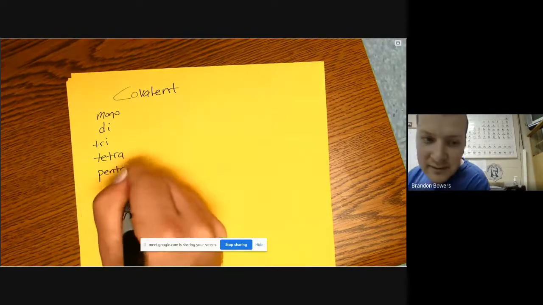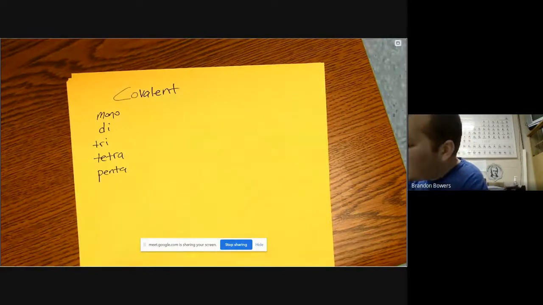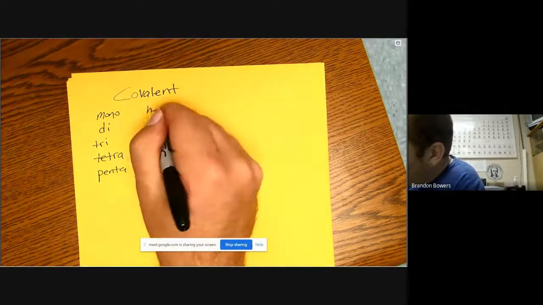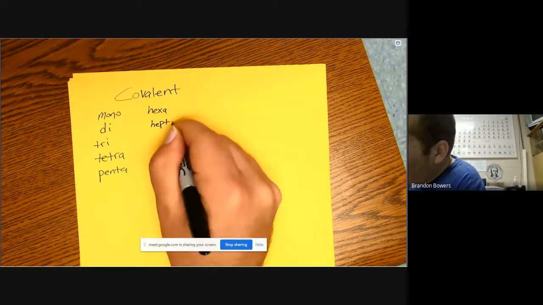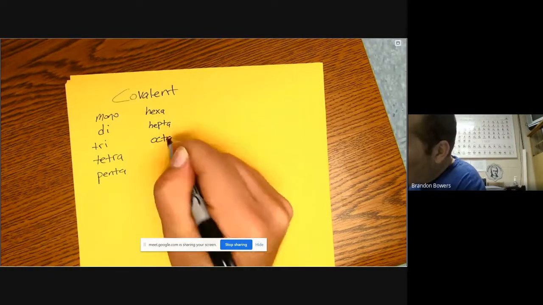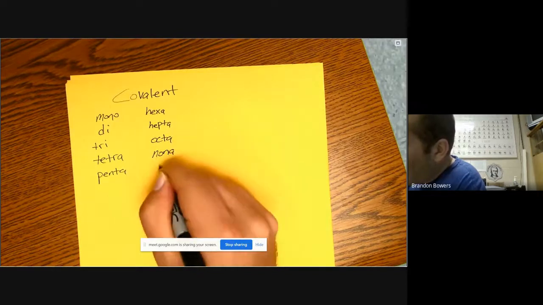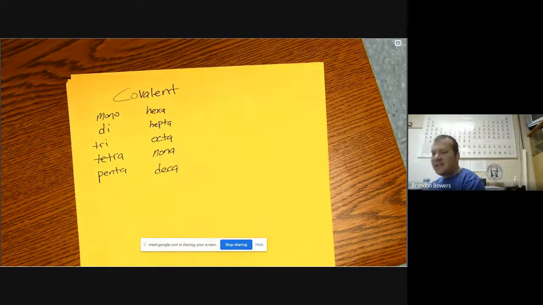Hopefully you guys remember that. 6 is hexa, 7 is hepta, 8 is octa, 9 is nona, and 10 is deca. Hopefully those 10 prefixes are still in our brains a little bit, okay?